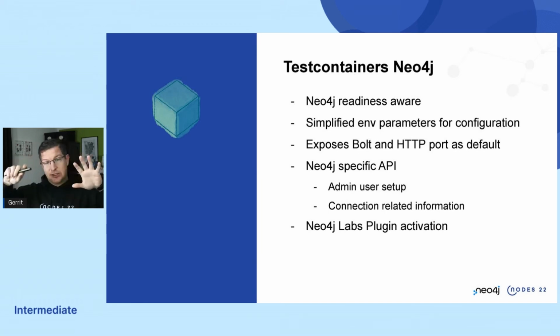So we have seen this generic container in place, but there's also this option of Testcontainers in Neo4j. That means, as I already mentioned, specific modules for specific databases or specific systems available in the Testcontainers library.